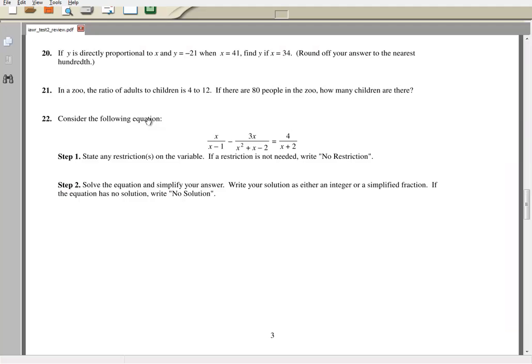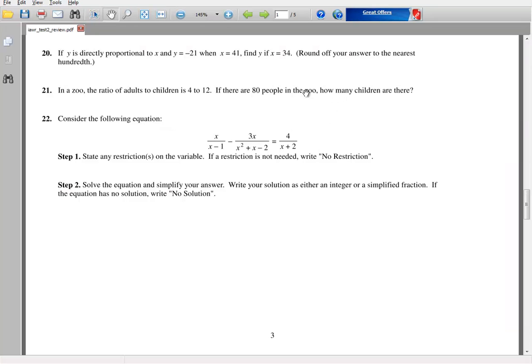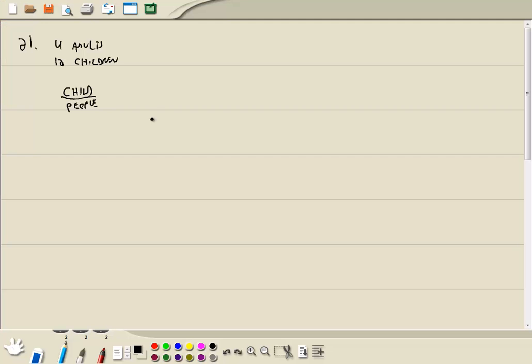Well, you have to remember that 80 people in a zoo, how many children are there? To say something's a person, or say somebody's a person, means that includes children. Children are people. So this right here, where it's 4 and 12, we don't put 4 over 12 for adults to children, or actually we do 12 over 4. Instead, we need it as 12 for the children over the total number of people.